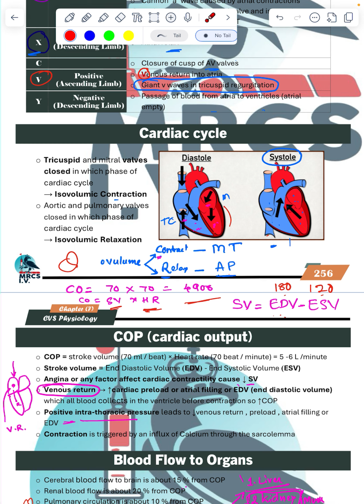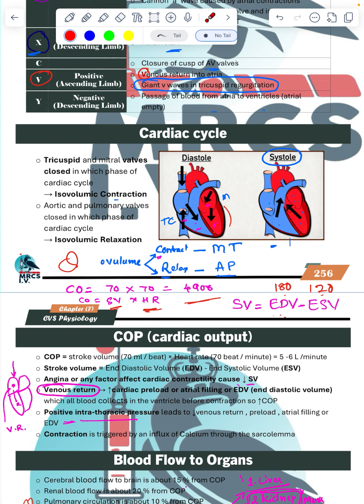When the ventricles start contracting, the valve has to close and blood has to flow from here to here. So there is a stage when this valve is closed and this valve has not yet opened. That is called isometric, meaning both valves are closed and it is contracting. So the tricuspid valve and mitral valve are closed in this phase.